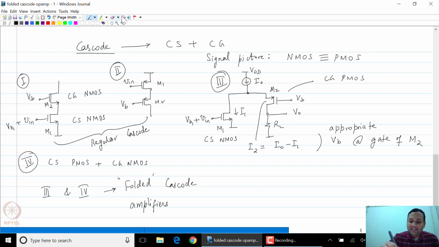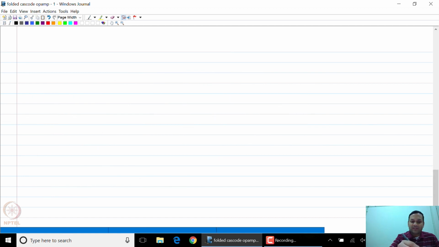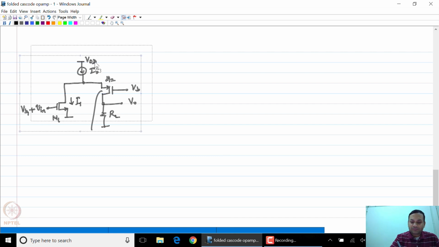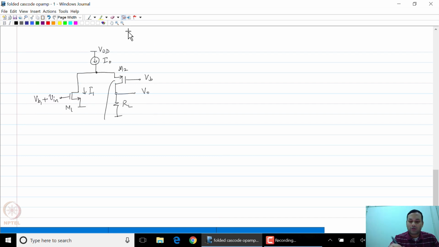So maybe let us quickly take this structure and try to come up with some expression on the bias conditions for this particular amplifier. Let us take this folded cascode and modify it, because I know that there are no ideal current sources.